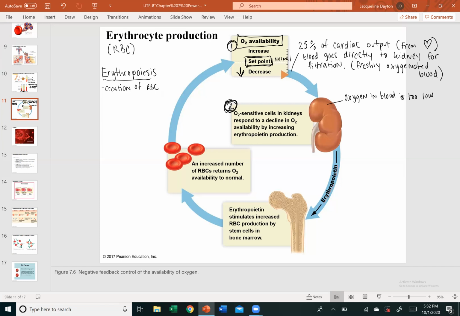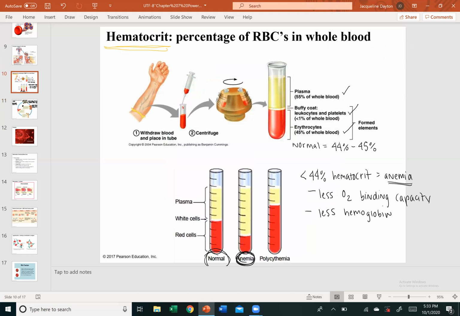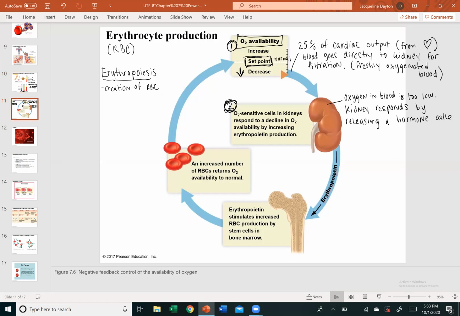And that's going to stimulate the kidney to release a product called erythropoietin. Okay, so if the oxygen in the blood is too low, the kidney will respond by releasing a hormone called erythropoietin, which for our sake we are going to abbreviate EPO.